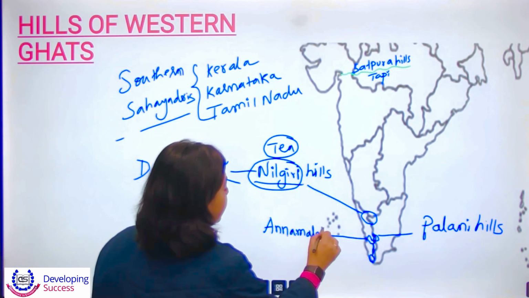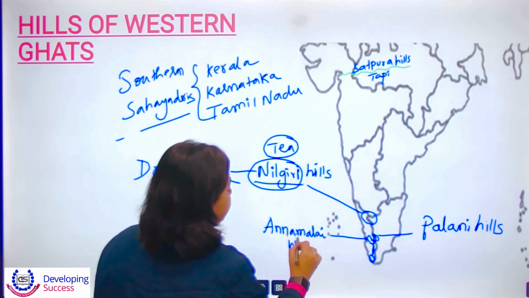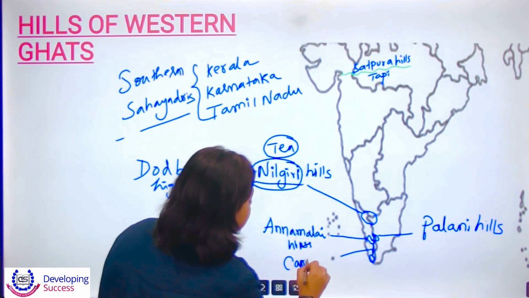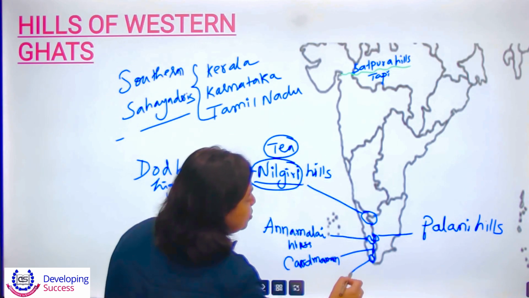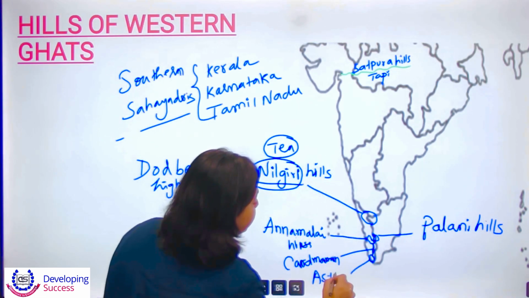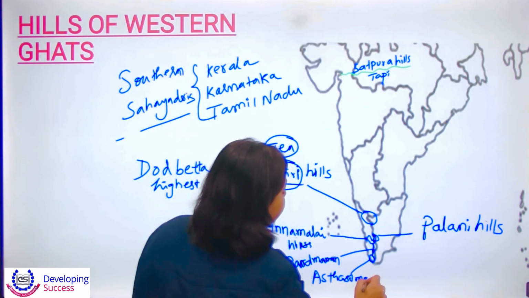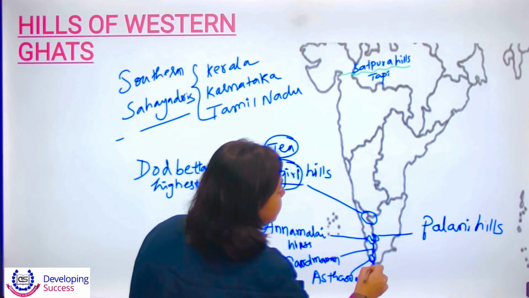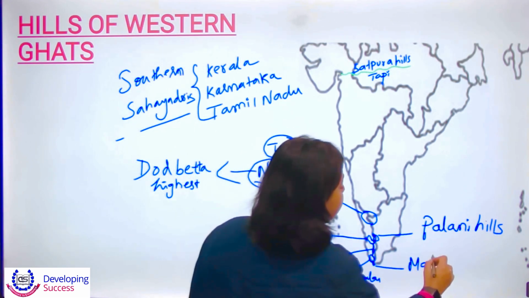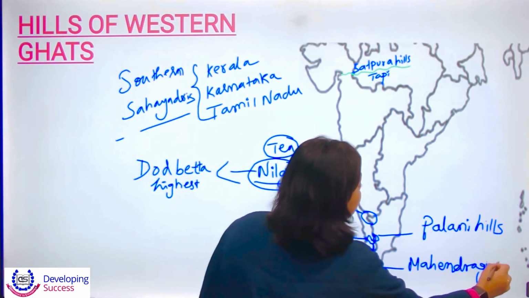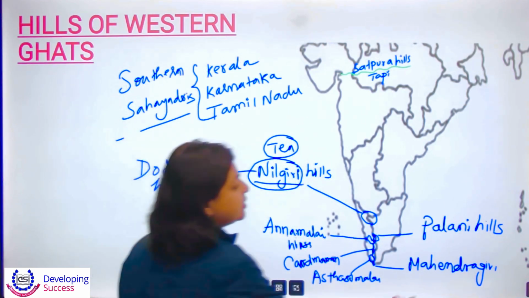And the last point is the Mahendragiri Hills. So these are the hills in the southern Western Ghats.